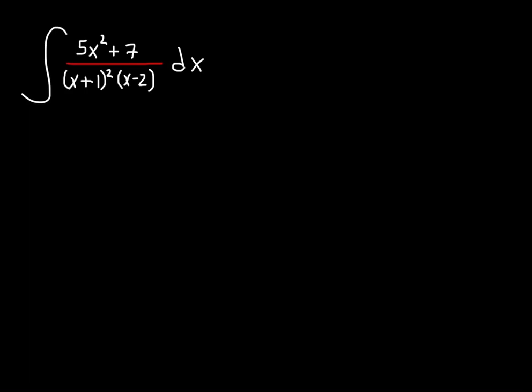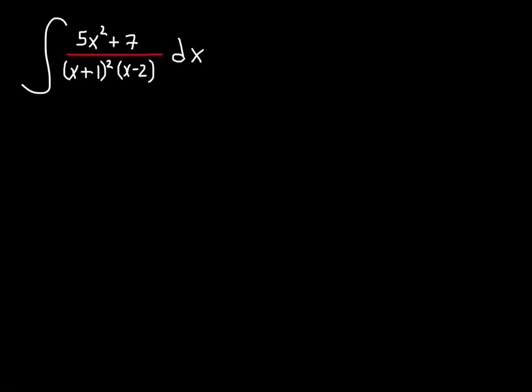Let's try this one. This one is a bit different because we don't just have linear factors, we also have a repeated linear factor. So this will be different. We're going to have 3 parts for this. So this will be the integral of a over x minus 2 dx, plus the integral of b over x plus 1 dx, and we're not done.